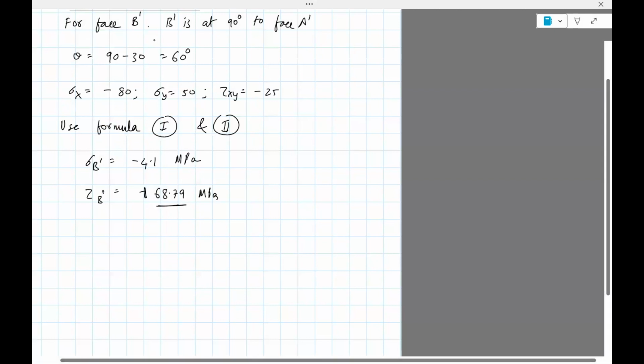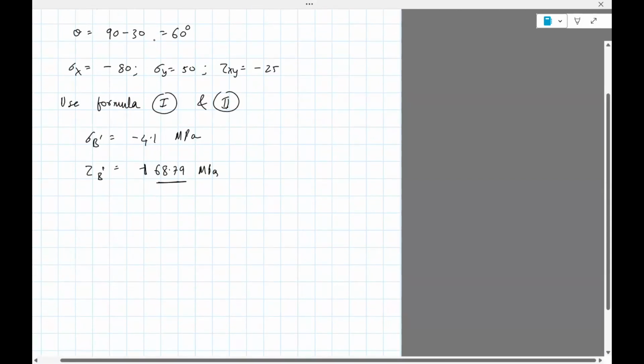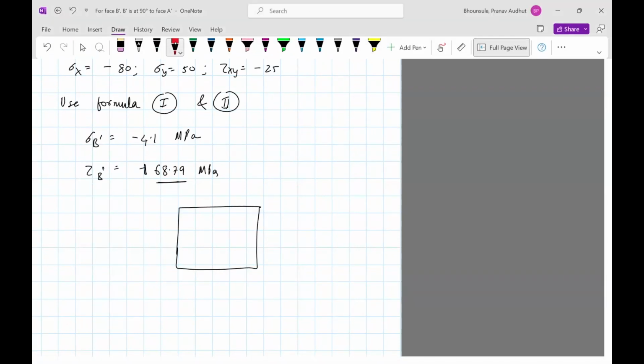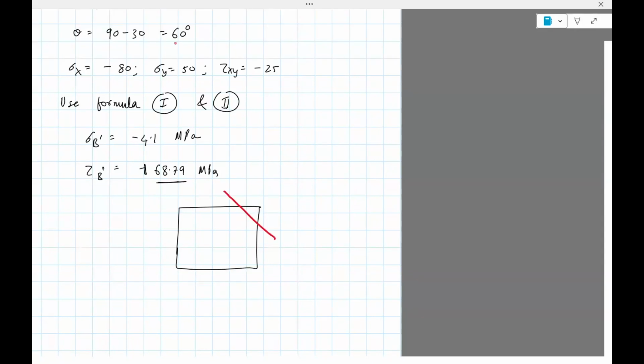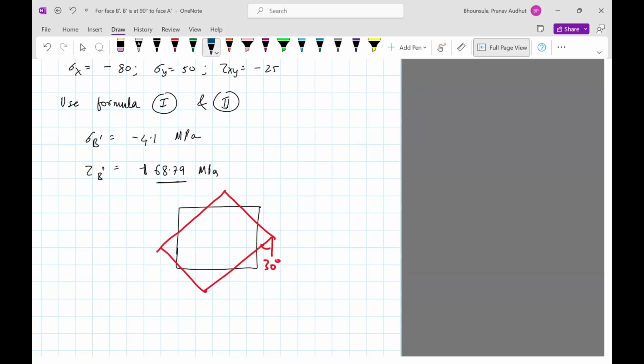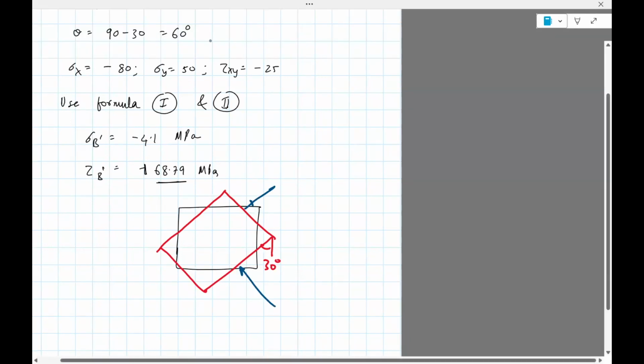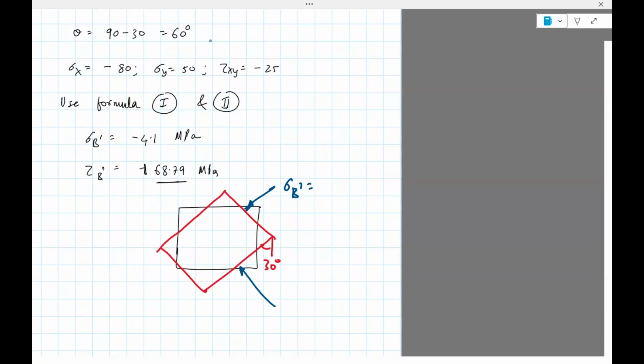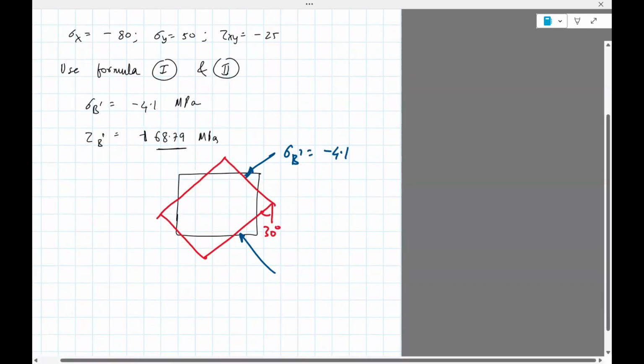So if you finally want to redraw this, part 2, part 1 was figuring out the stresses, then it will be the same figure. Take the figure, the stress element, rotate it counterclockwise. This is at 30 degrees clockwise. And then you just draw the stresses. Sigma B prime, which is minus 4.1, sigma A prime, which is 25.85.